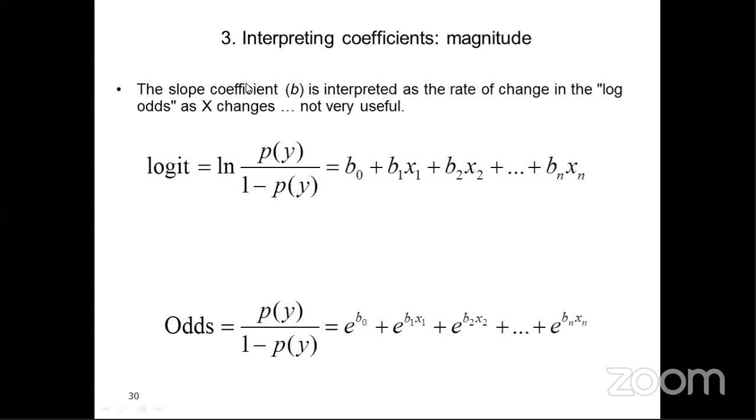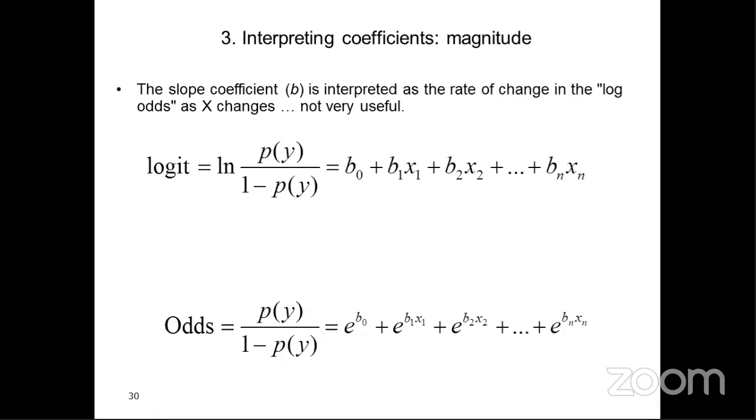The slope coefficient b is interpreted as the rate of change in the log odds as x changes, which is not very useful for practical purposes. So that is how to interpret the coefficient of your logistic regression, your logit regression.